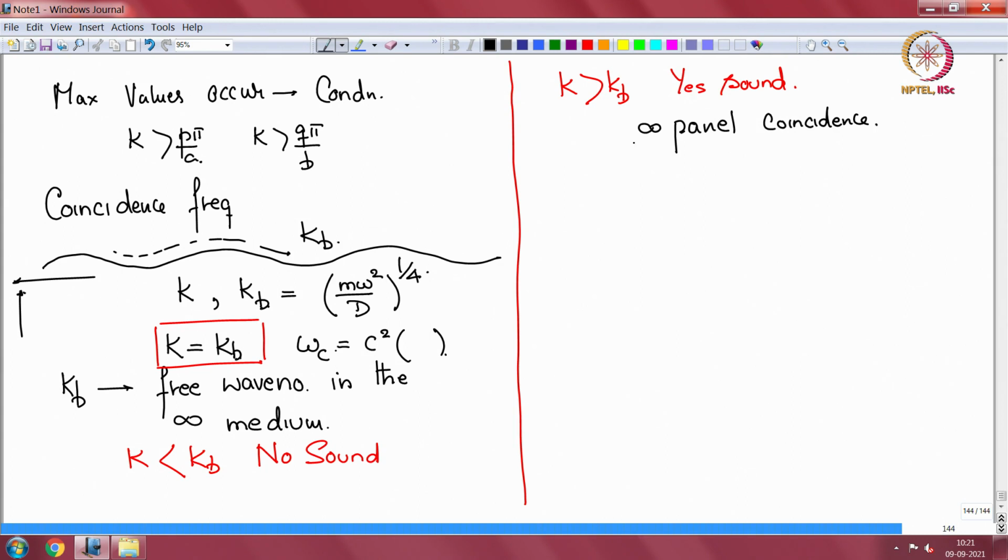There is only one wave number in an infinite panel: at one frequency, at one omega, there is only one free plate wave number, kb. This changes for a finite panel.